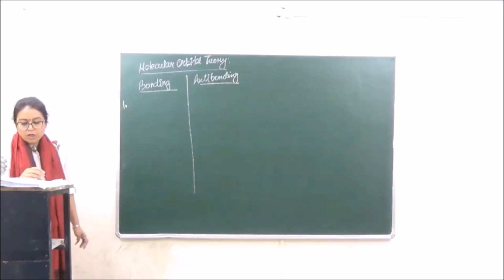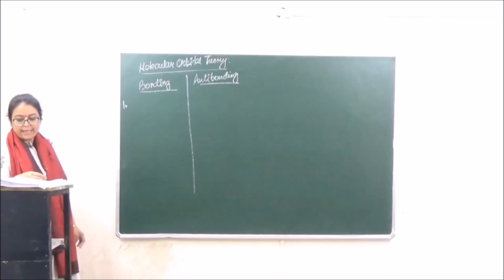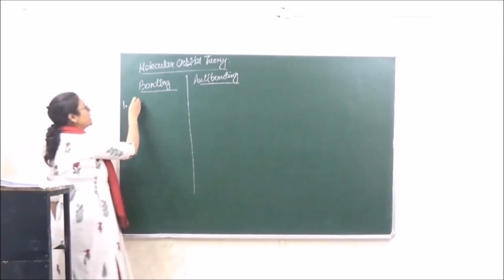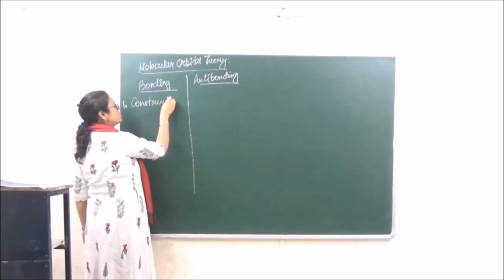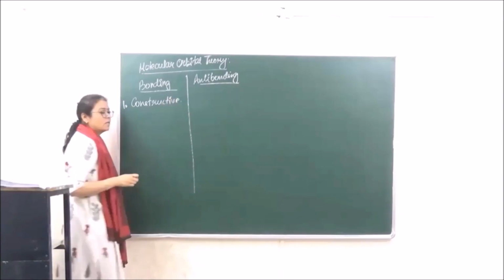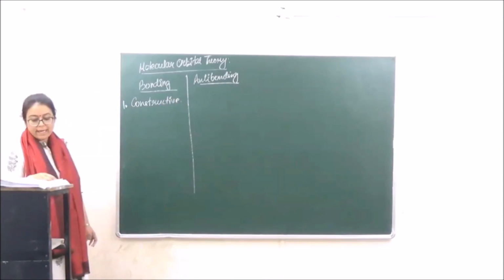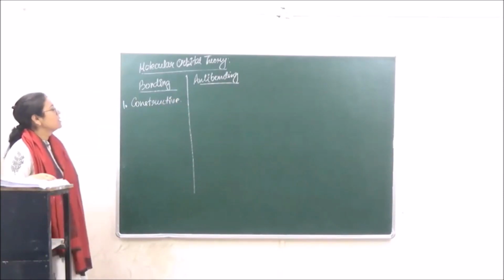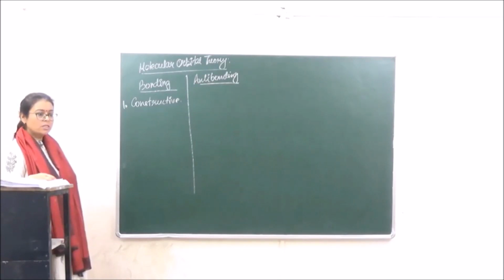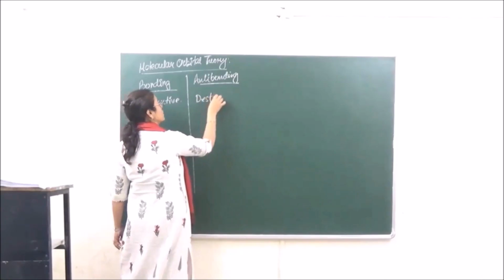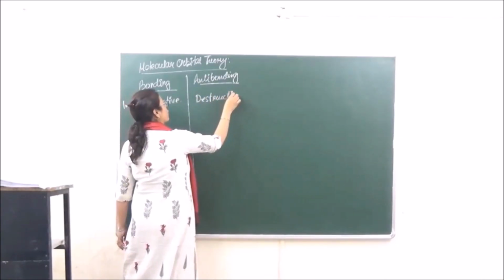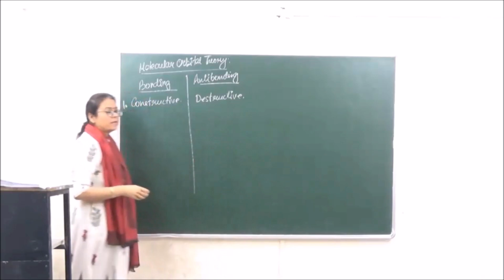First, bonding molecular orbital is formed by linear combination in a constructive manner. That is what we just discussed, that the overlap is taken by constructive overlap of the wave functions. Over here in anti-bonding, destructive overlap of the wave functions is taking place.